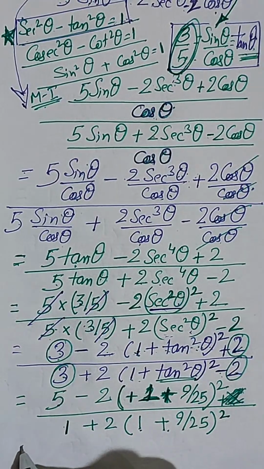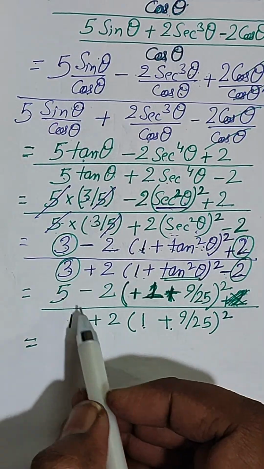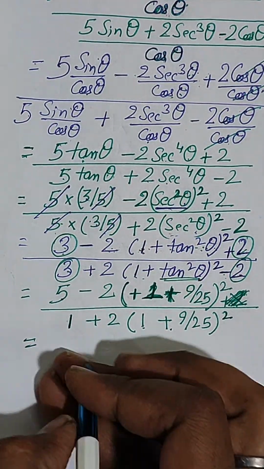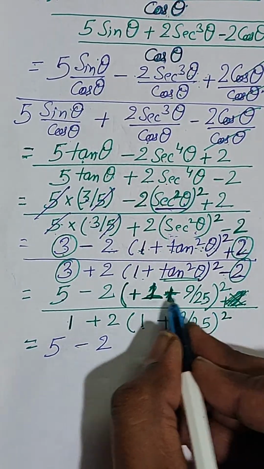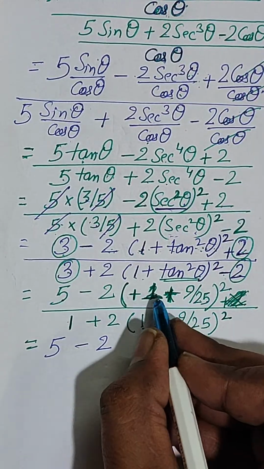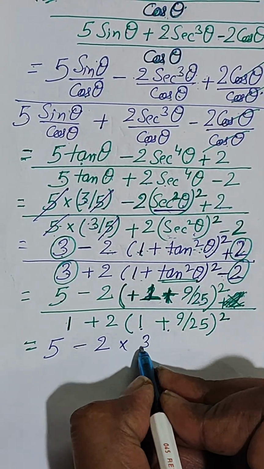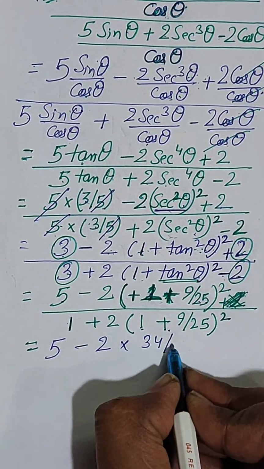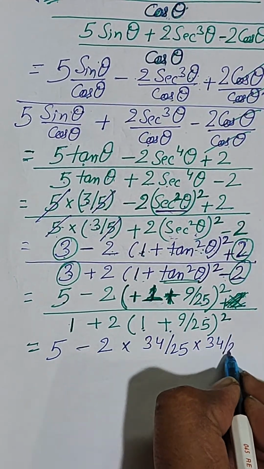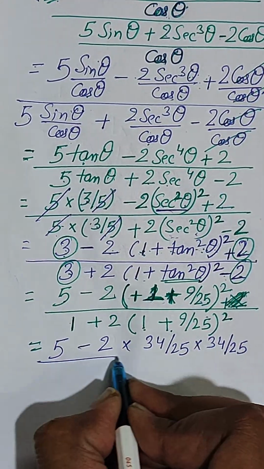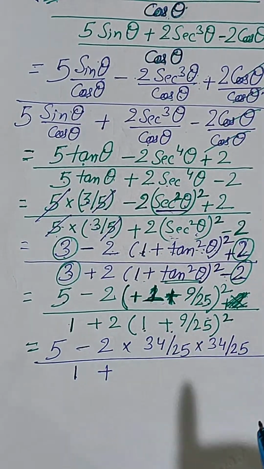Now into the next step, what will we be having? Let me change the pen again: 5 minus 2 times 25 plus 9 is, if you take the LCM, 25 will be going into the numerator, 25 plus 9 is 34. So it becomes 34 by 25, and it becomes 2 times 34 by 25 whole divided by 1 plus, why 34 by 25?